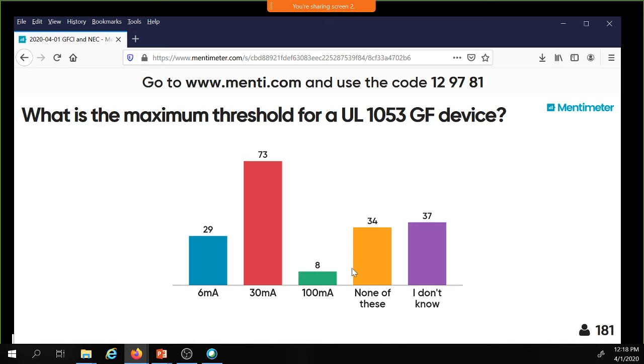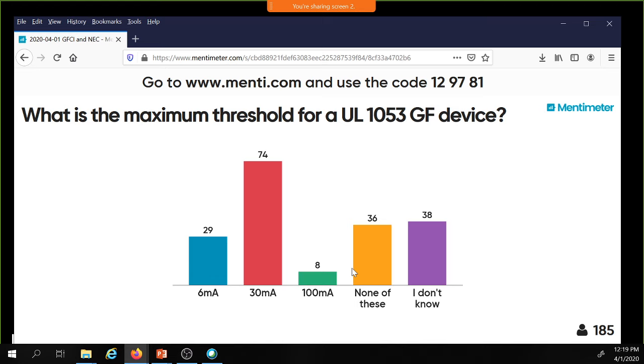Ground fault protection of equipment, the pickup points are set by the manufacturer. So if I'm selling a ground fault protection of equipment circuit breaker, or I'm setting a relay, I'm going to tell you here is the response, here are the pickup points, the trigger points, and then the UL standard tells me how long I have to respond. But it's important to remember, ground fault protection of equipment is there for equipment protection.